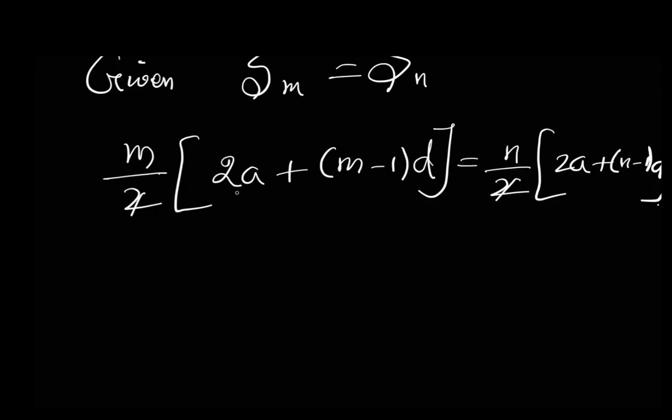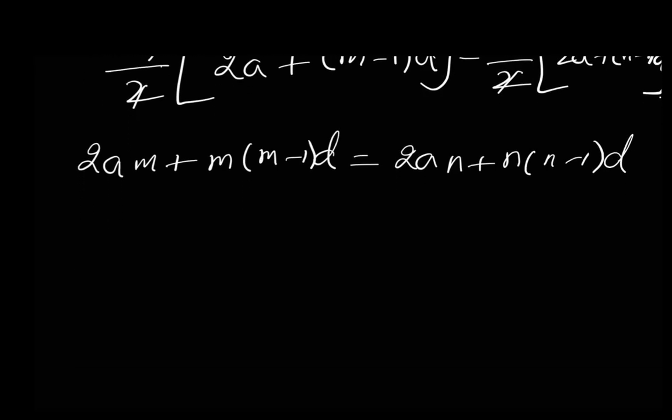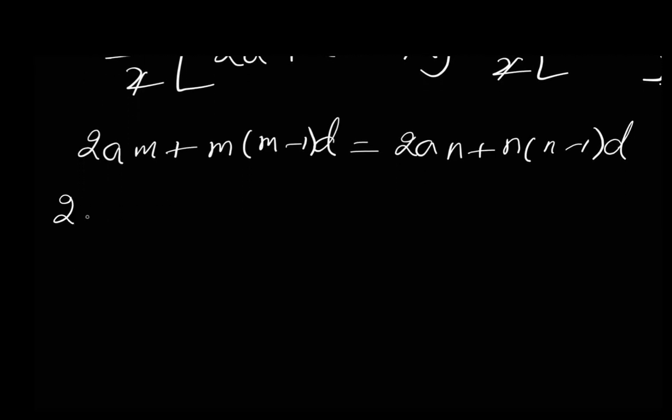You have to multiply these two terms by m. So 2am plus m into m minus 1 into d is equal to 2an plus n into n minus 1 into d. So remove the brackets here. 2am plus m squared d, minus md.